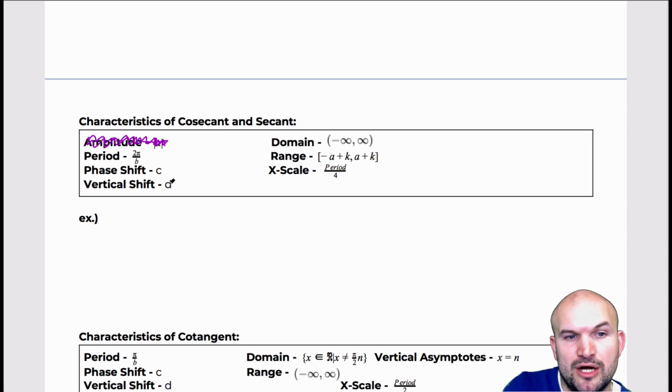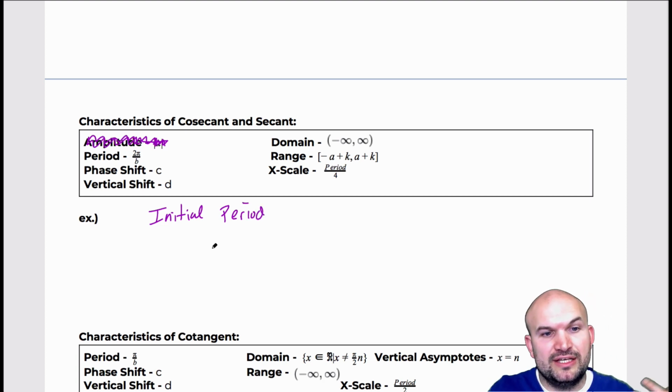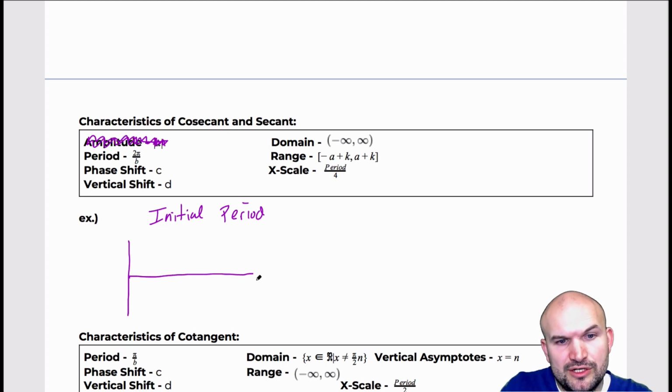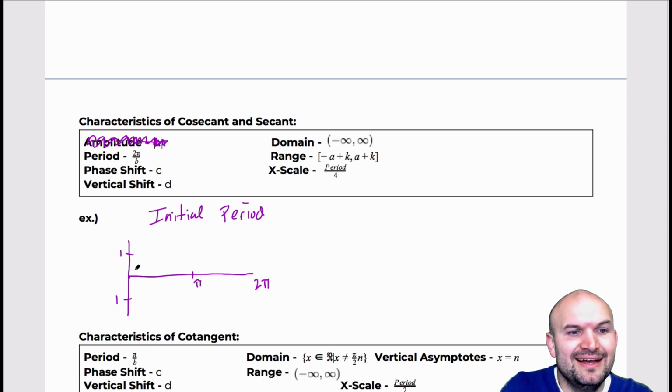So let's go and talk about our initial period. We already did the initial period of the cosecant graph, but let's put it on another thing that we can copy down. So we know it's going to go to 2 pi. And the way that I like to write that initial period is to draw the sine graph first, just to get an idea of how it's going to look.